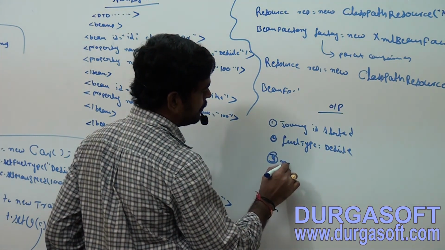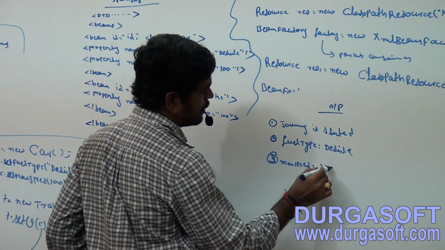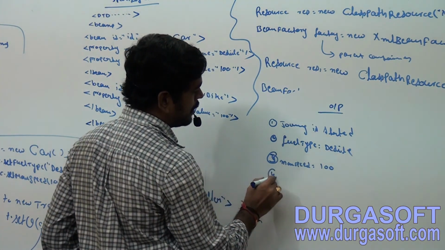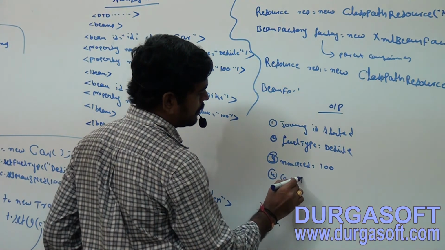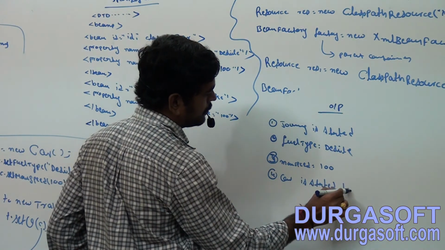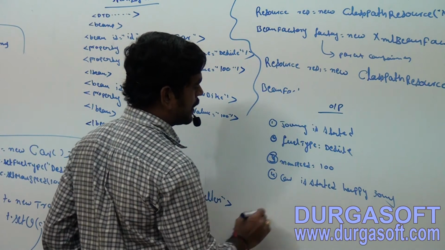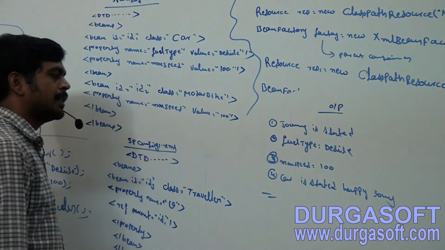Max speed: 100. Then car is started. Happy journey. That's enough. This is our output.